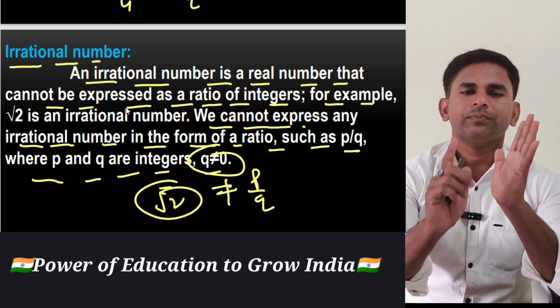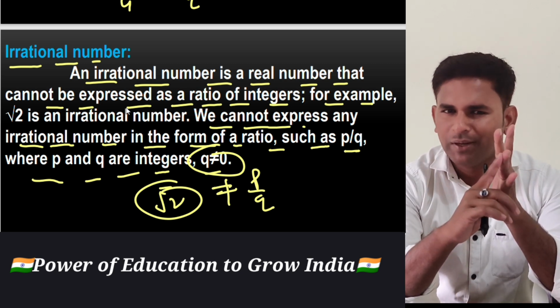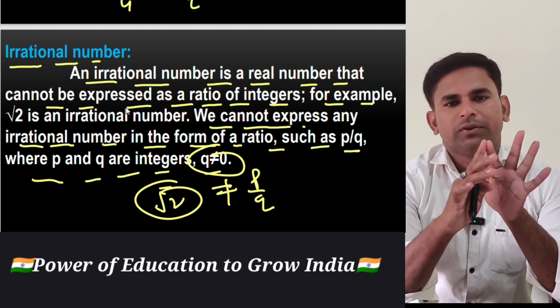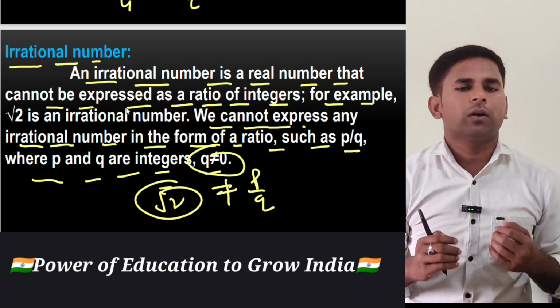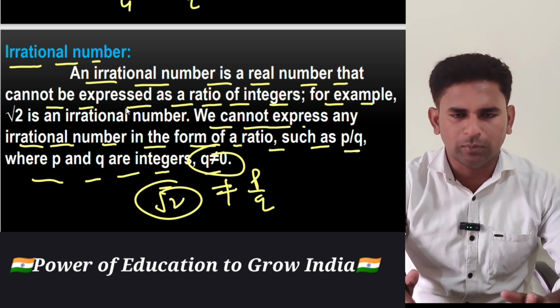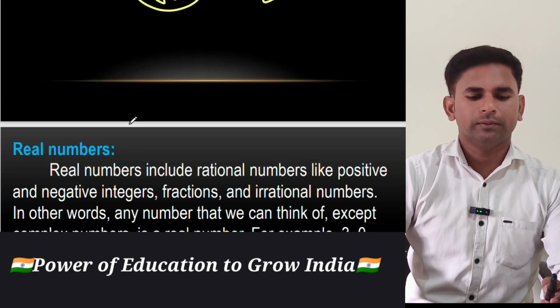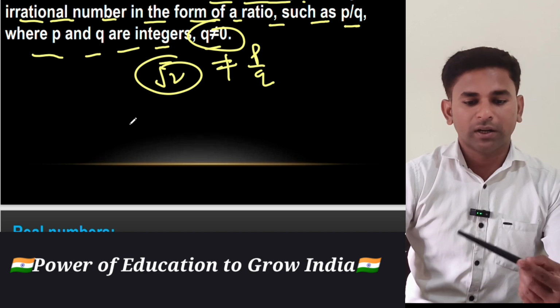Understood or not? Natural numbers completed, whole numbers completed, integers completed, rational numbers and irrational numbers also completed. So we have already completed all these types of numbers.